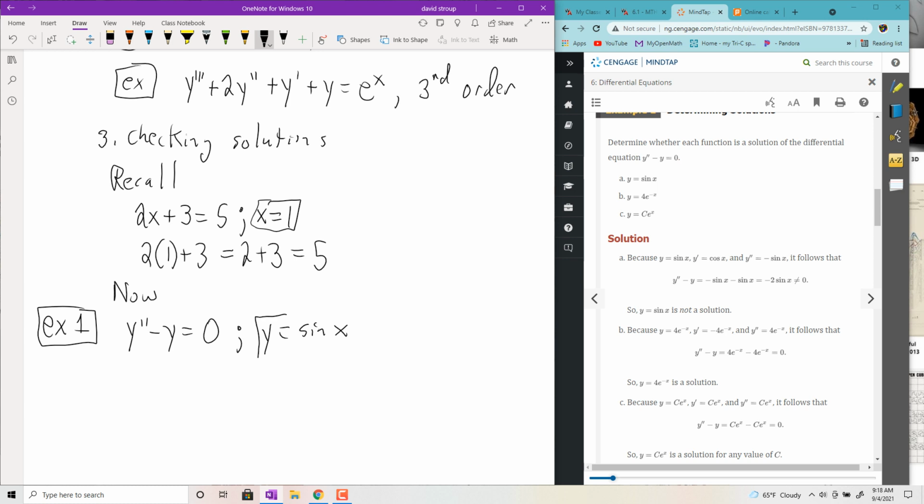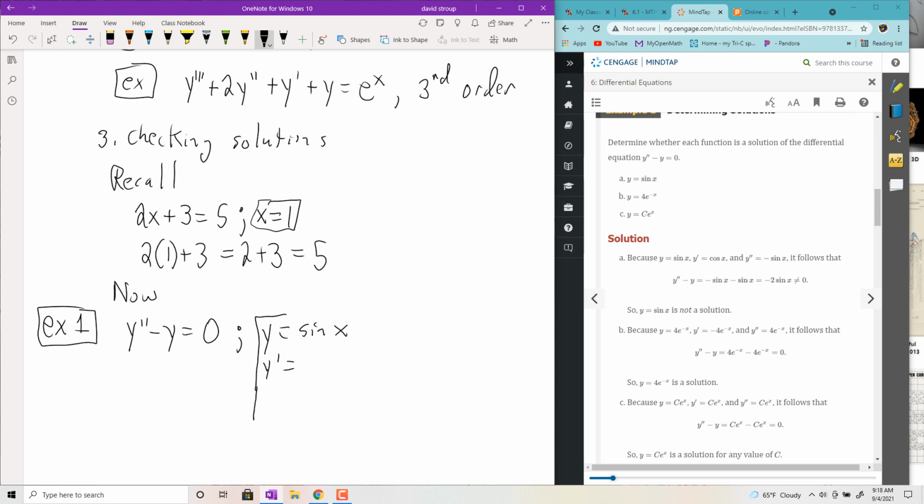You kind of have to leech off of the given solution and get the derivatives that you need in order to substitute into the equation. You're allowed to work with the given solution and find derivatives or manipulate it in any way you want. So that becomes your given information.